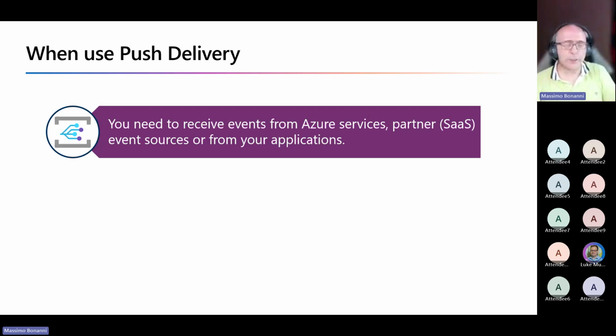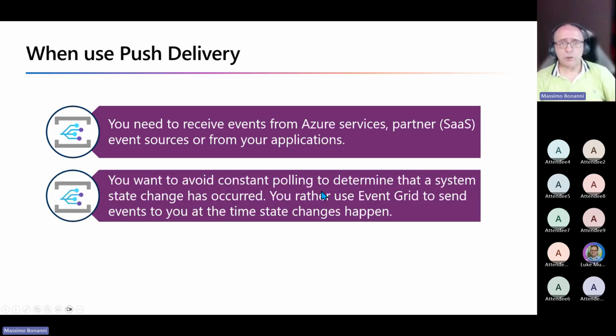So it's a way to communicate between components in your solution, but also with different solutions. When you want to check when something is happening in a system, instead of polling the system to check for changes, the system can throw an event, and the event will be pushed to you, and you are immediately informed that something changed.